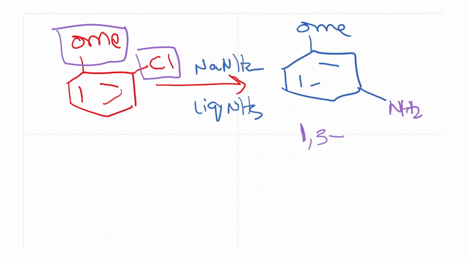There are other pieces of evidence available for the formation of the benzyne. Okay, now let's look at the proposed mechanism for this reaction. So the first step, as we have already seen, would be the... let's keep methoxy at the 1 position, chloro at the 2 position.